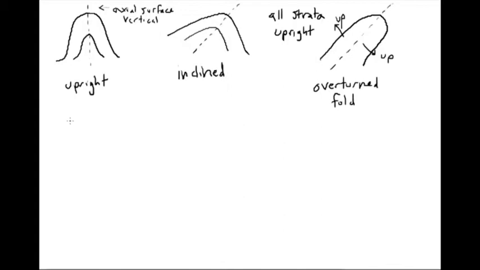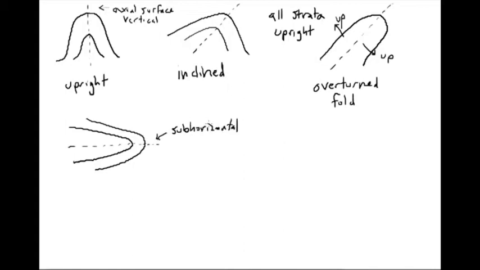If the axial surface is subhorizontal, we call this a recumbent fold.